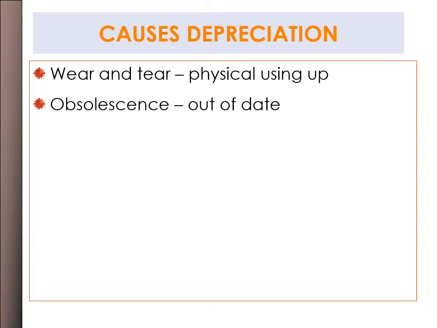And obsolescence means that the asset has become outdated. For example, some of the computers that you bought more than 5 years ago are sometimes already obsolete. You cannot use them to update or to add applications and so on.